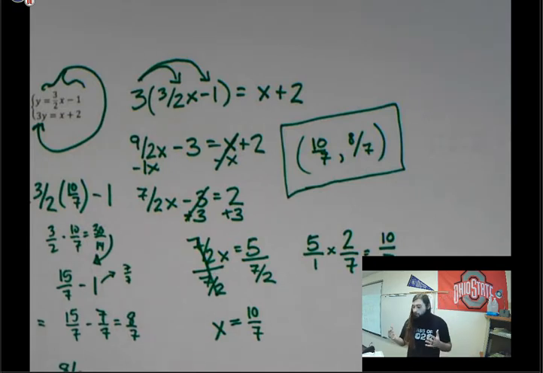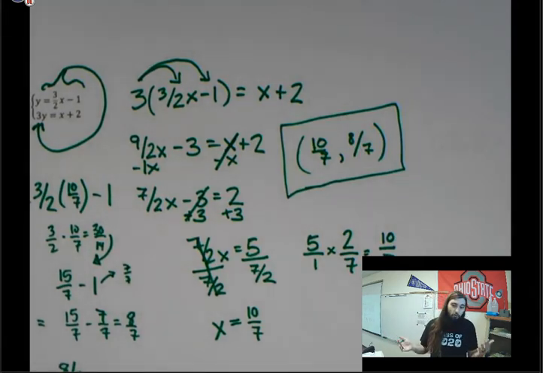Remember, even when we are solving them without graphing, and this would be a real bummer to solve while graphing, let's be honest with ourselves. Finding 10 sevenths and 8 sevenths on a coordinate plane, usually coordinate planes don't have fractional values on them. And even if they do, usually they're in quarters or halves at most. So having to deal in terms of a fractional value of 7 is going to be a bummer.